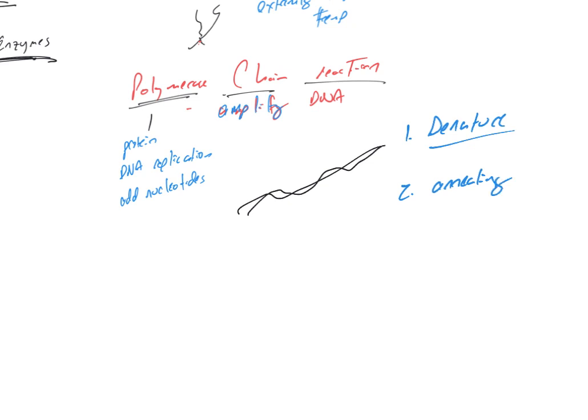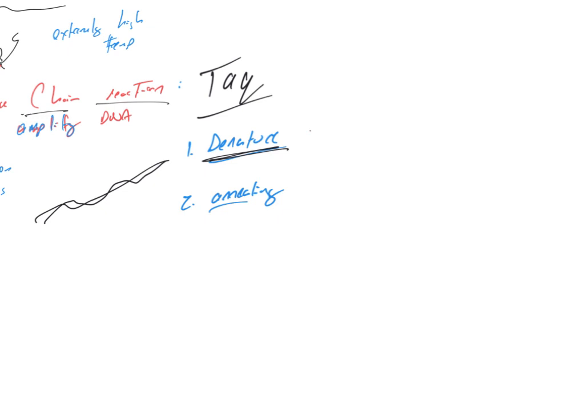Now see, the brand name, I guess you could say, is Taq polymerase. So this is the name of the enzyme basically. So Taq, when you heat DNA, DNA is going to denature, which means the DNA molecule splits in two.